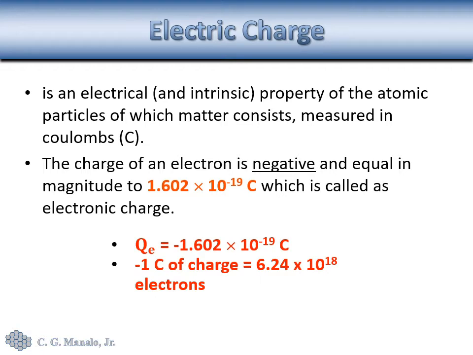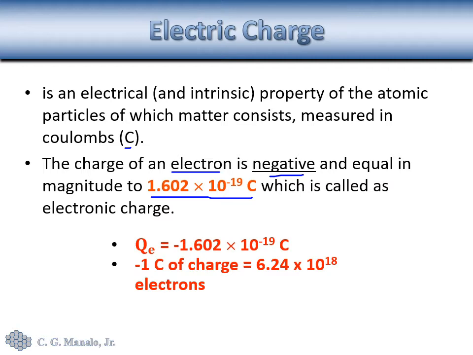Now, particles have a property called a charge, and an electron has a charge of this much, a very small number, measured in the unit called coulombs, the symbol being capital letter C. An electron has a negative charge, and in terms of coulombs, it is a very small number.